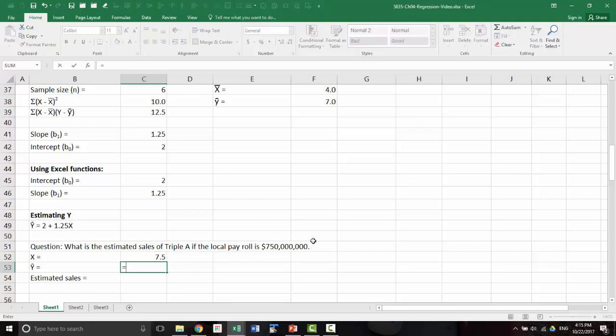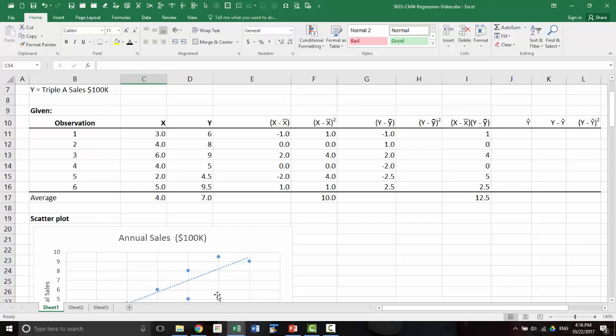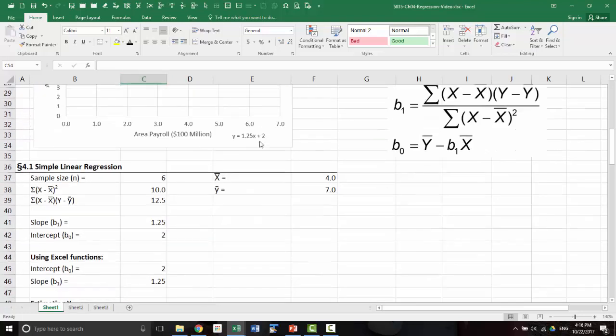So then Y hat will be intercept. So let's use it from here. Intercept plus slope times X. Now that gives you Y hat again in the same units as Y was represented in the table, which is in $100,000.